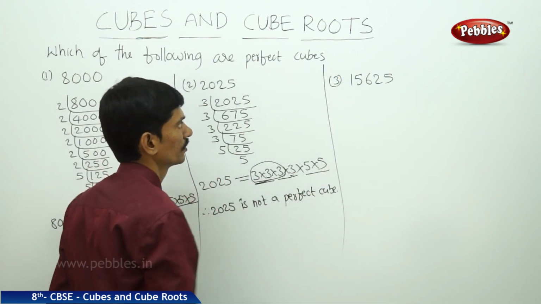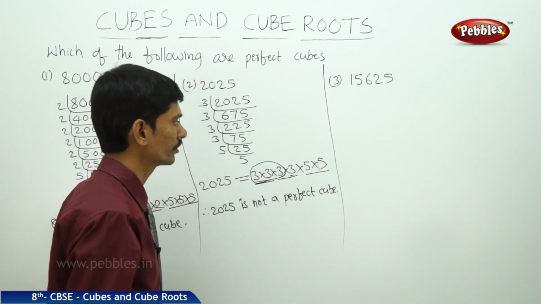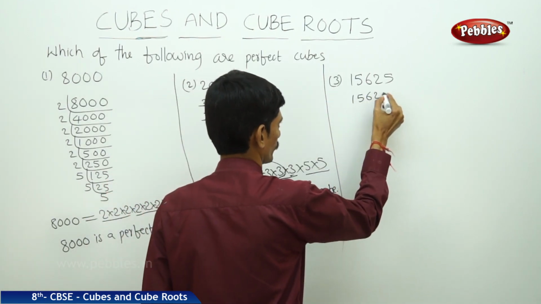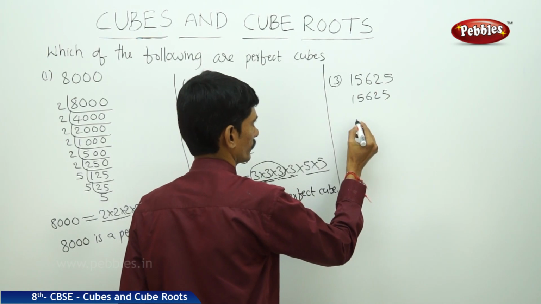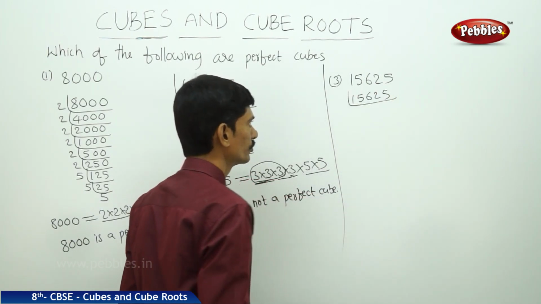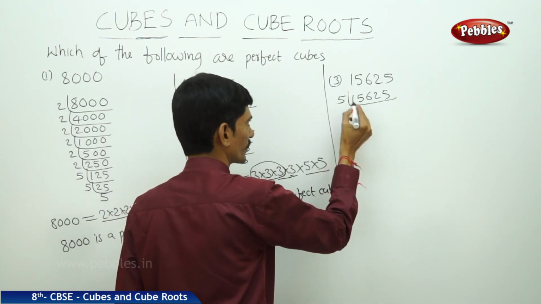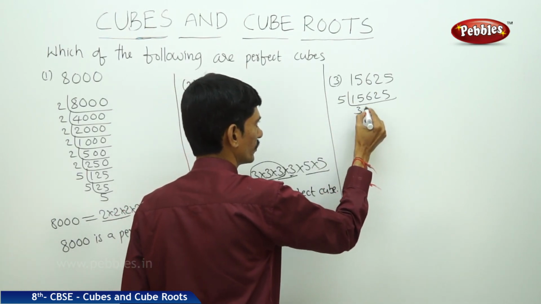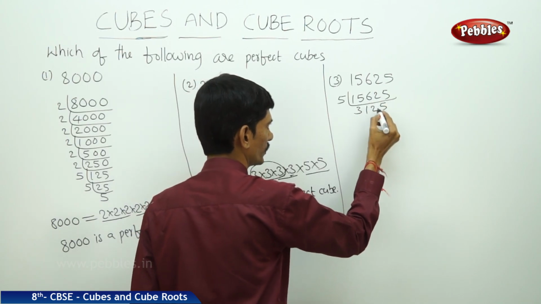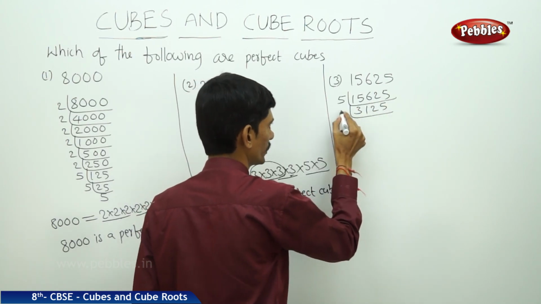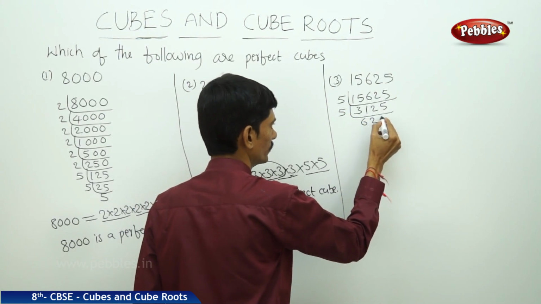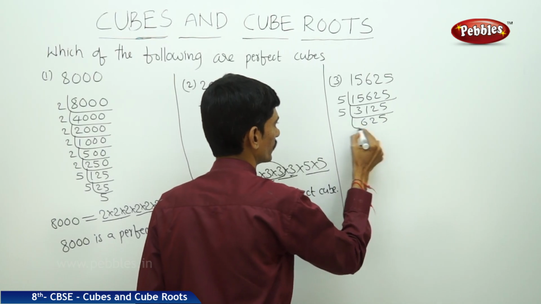Next, 15,625. I will do it with the 5 table. 5 3s are 15, 5 1s are 5, 5 2s are 10, 5 5s are 25. Again 5 table: 5 6s are 30, 5 2s are 10, 5 5s are 25.